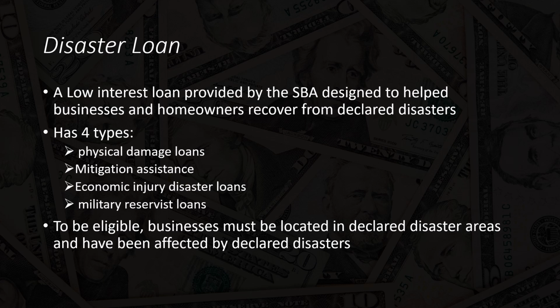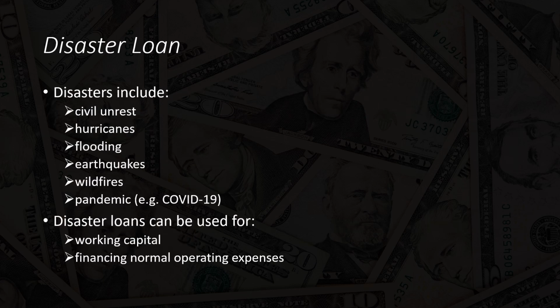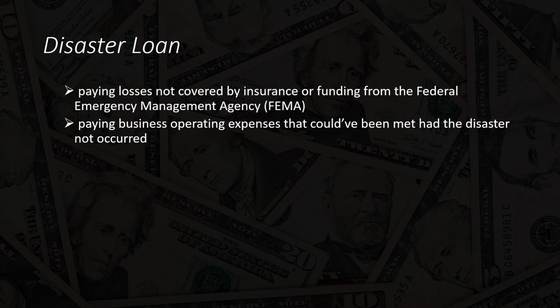To be eligible for a disaster loan, businesses of all sizes must be located in declared disaster areas and have been affected by declared disasters, including civil unrest and natural disasters such as hurricanes, flooding, earthquakes, wildfires, and even pandemics. Disaster loans can be used for working capital or financing normal operating expenses, paying losses not covered by insurance, or funding from the Federal Emergency Management Agency, FEMA, as well as paying business operating expenses that could have been met had the disaster not occurred.